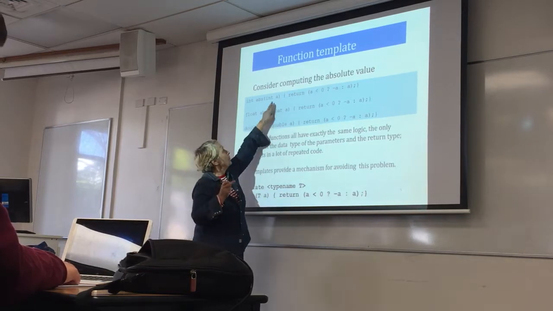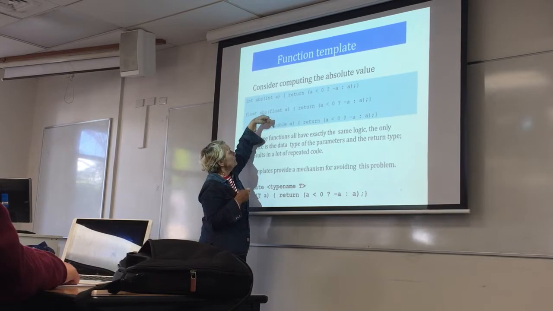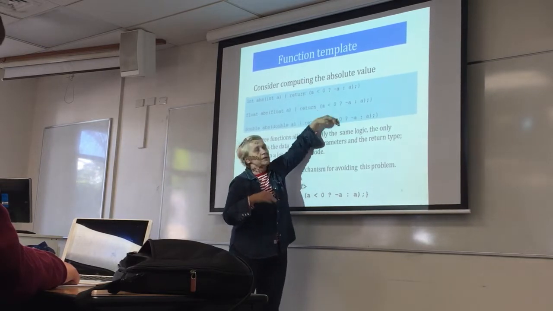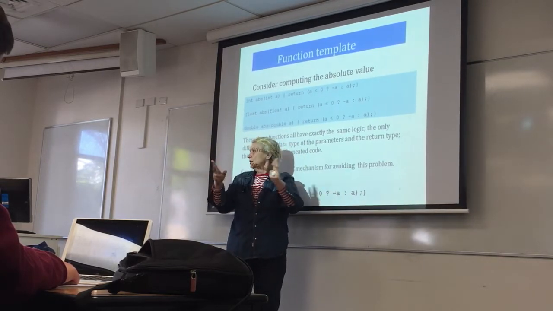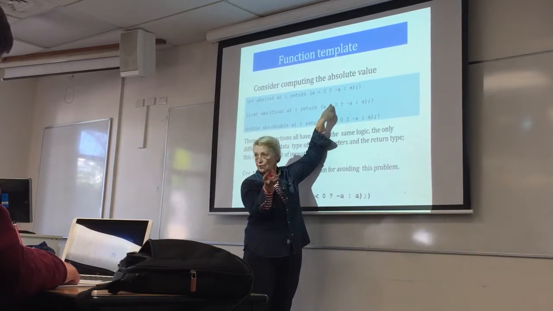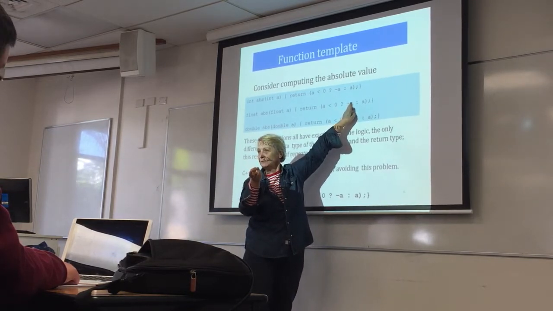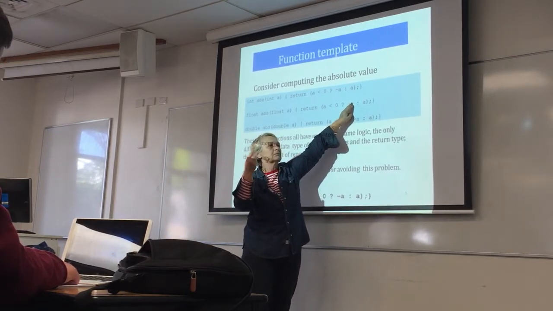It doesn't make any difference that here we have an integer, and here we have a float, and here we have a double. The body depends on the comparison operator, less than 0, and the unary operator, minus, the opposite of an item.